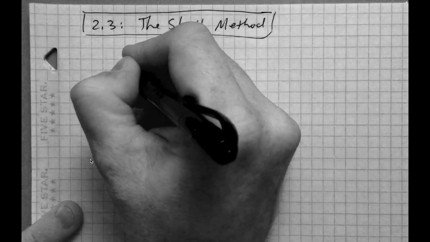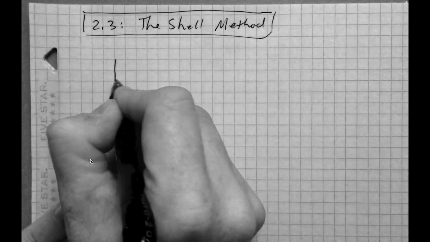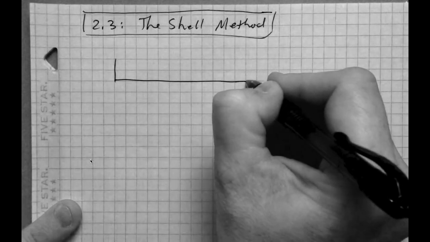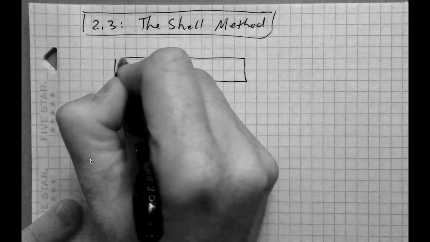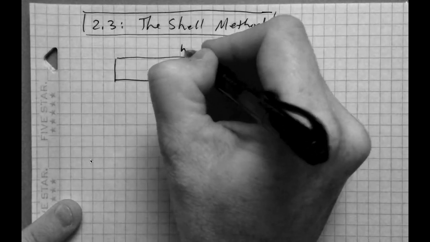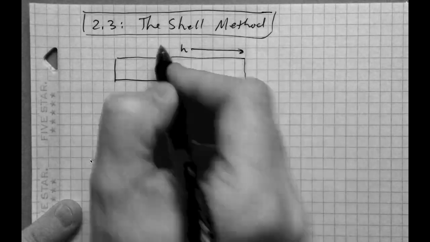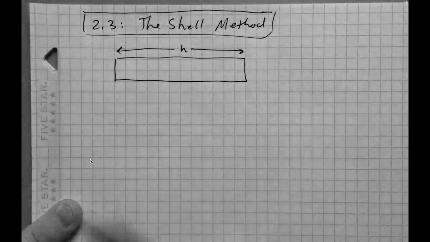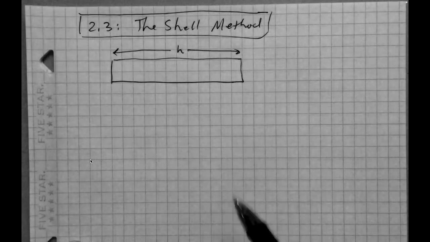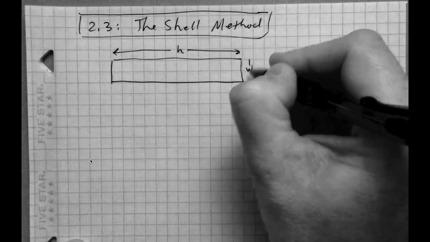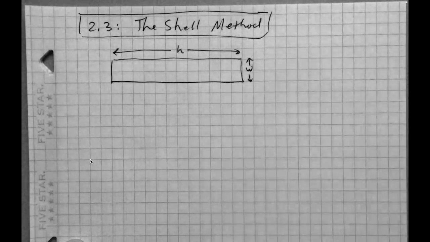Okay, so we're going to start with a rectangle. It's going to have a certain height, and I realize I've drawn it on its side, but that's okay. It's also going to have a particular width.